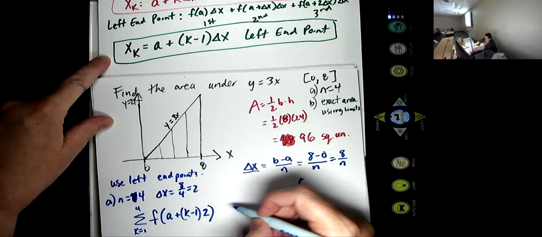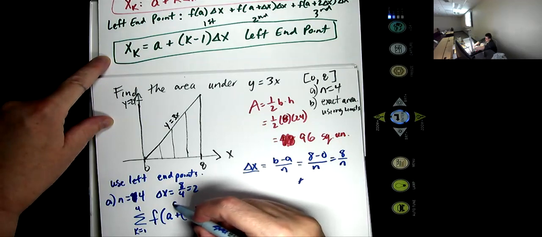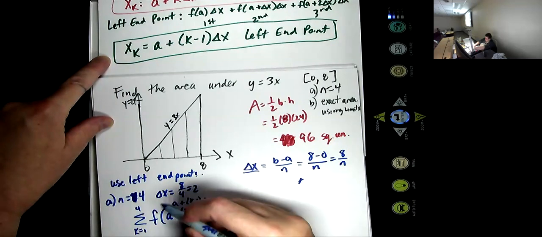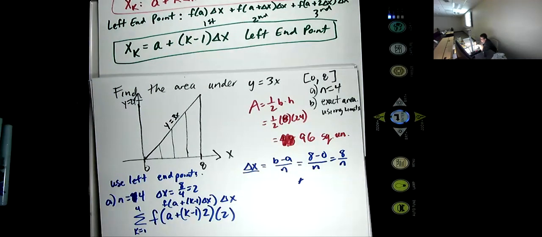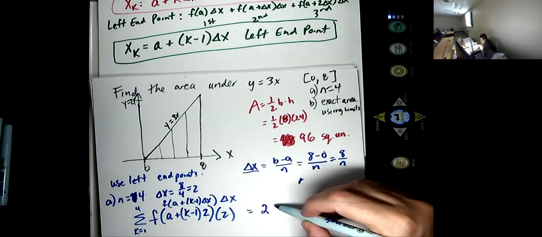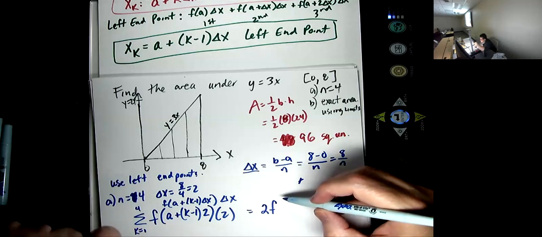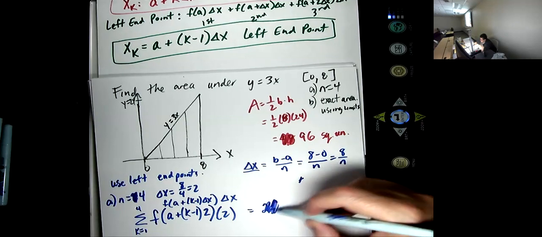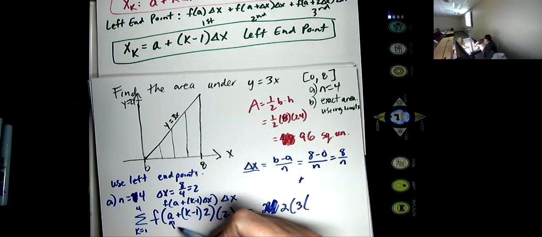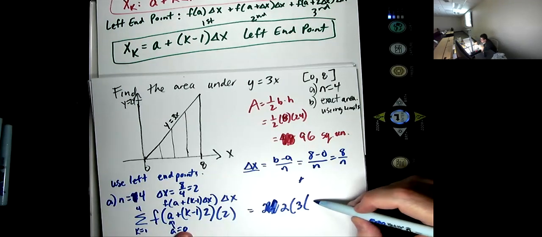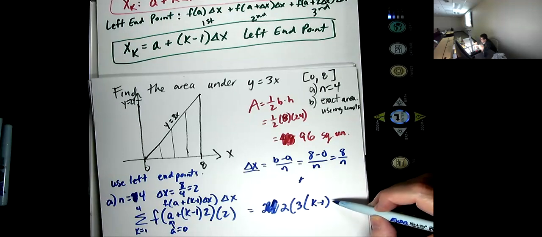And then we multiply it times delta x, so times another 2. And f is 3x. A equals 0.